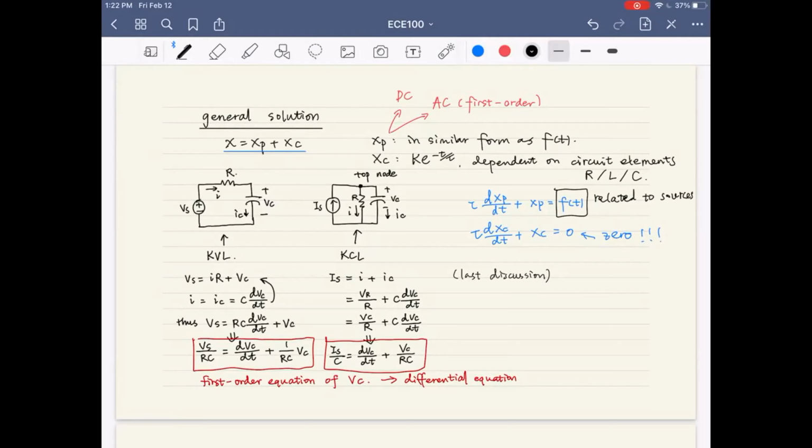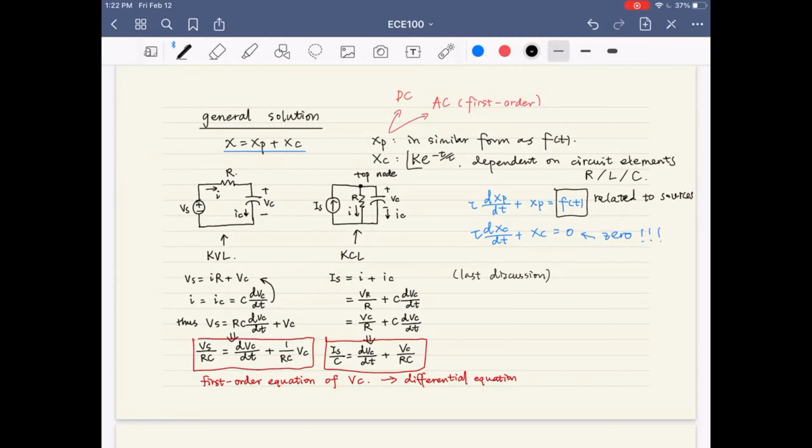Okay. And the second term, the complementary solution. It also sounds like a big word, but basically it describes how the transient response looks like. As we said before, the transient term is a term that describes how you reach the final state from the initial state. So it would disappear as time goes.